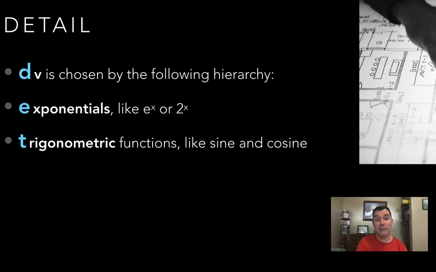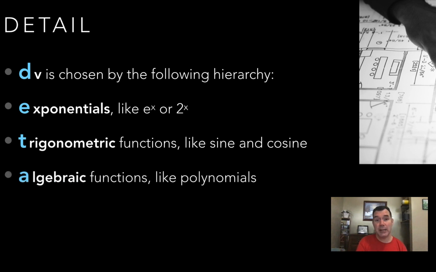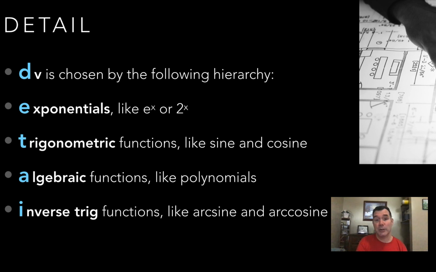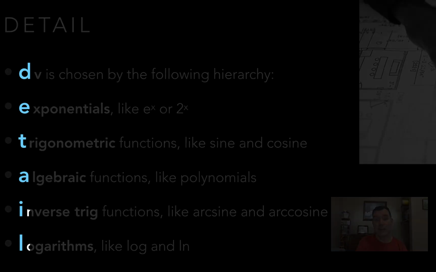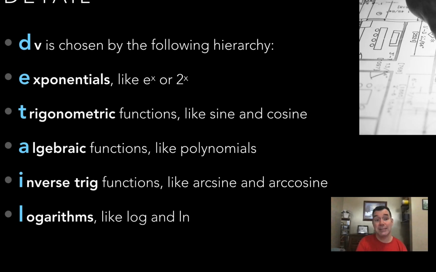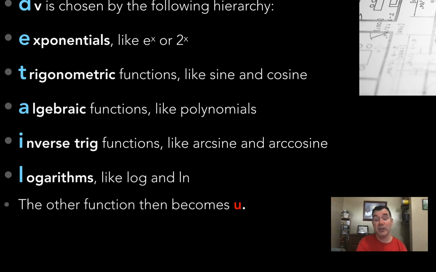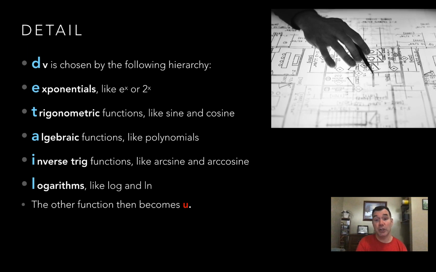And if I don't see either of those, I will look for an algebraic function like a polynomial, and if not any of those, I will look for an inverse trig function, and finally I will look for a logarithmic function. So just remember the word DETAIL, and that will tell you what functions to look for first and call those dv. The other function will then become u.